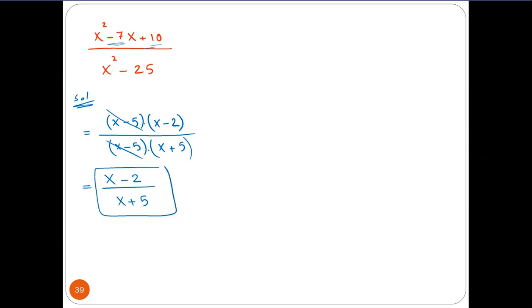What's the restriction here? Restriction: x not equal what?